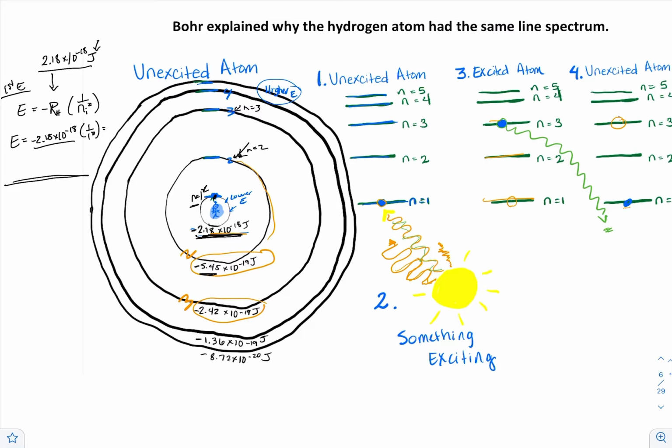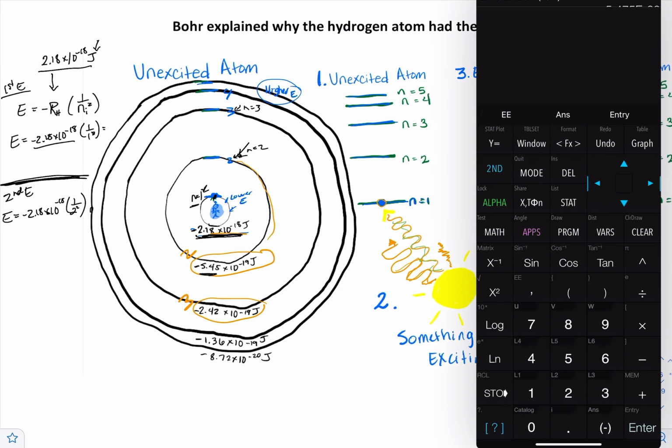Now let's go ahead and calculate the second energy level. So E is equal to, and I'm just going to go ahead and put the numbers in, negative 2.18 times 10 to the negative 18th, and then 1 over, and now we have 2 squared, because the electron jumped to the second energy level. We just put that in the calculator.